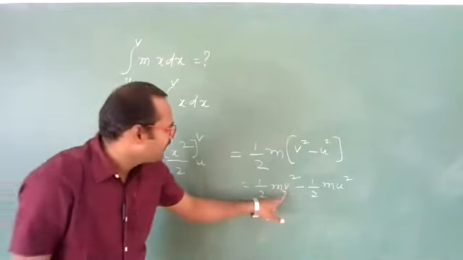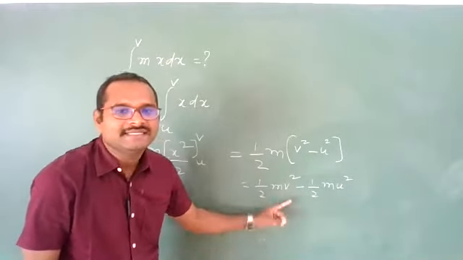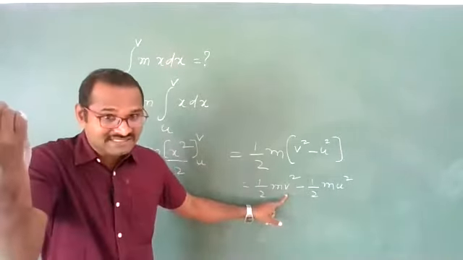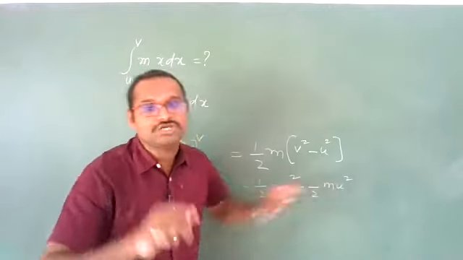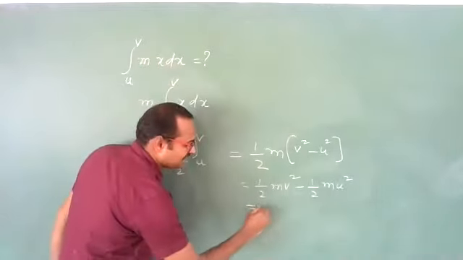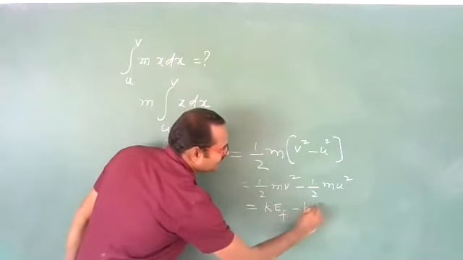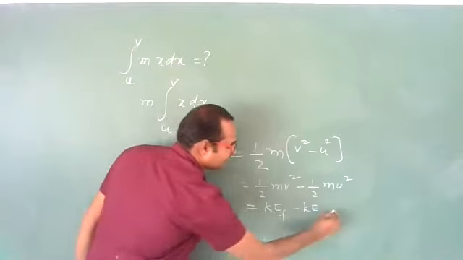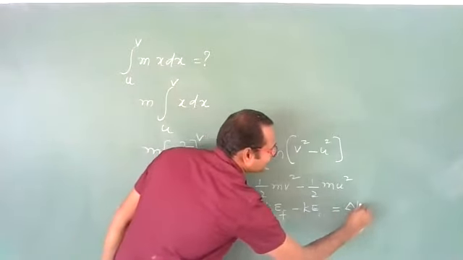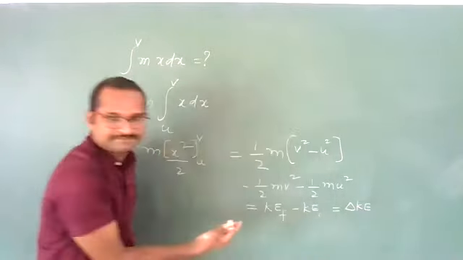Here, this is nothing but kinetic energy. Here v indicates final velocity, u indicates initial velocity. It is nothing but final kinetic energy minus initial kinetic energy, that is, the change in kinetic energy, we can say.